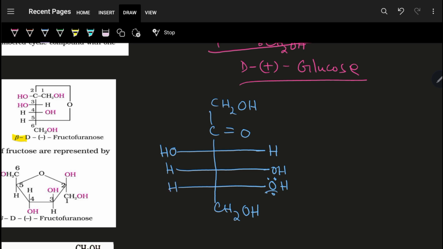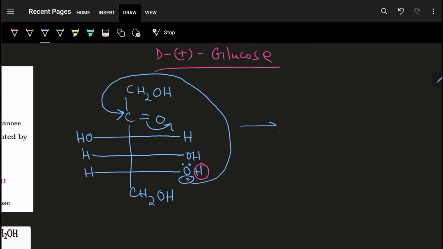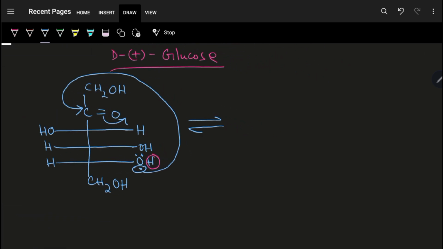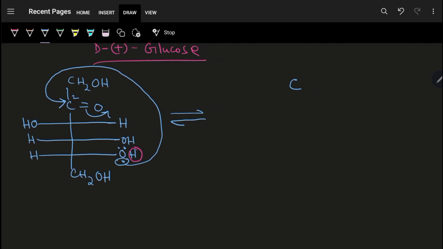The lone pair on oxygen will attack the anomeric carbon, which is electrophilic in nature. The O opens as O minus and it will hold this H, forming OH. So what configuration you are getting over here is that there are two cyclic forms. This is the C2. So if I write carbon number 2, it was not chiral because it was having a double bonded O. Now it becomes chiral.